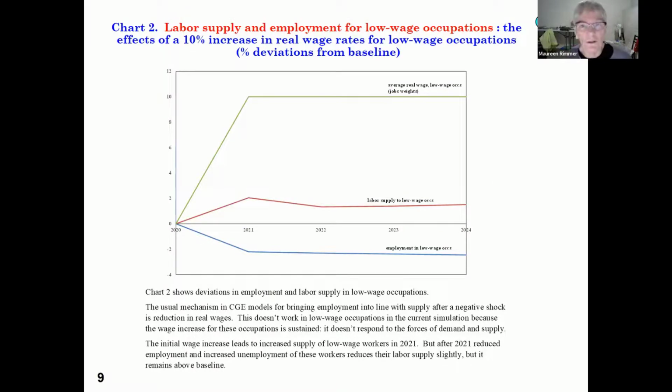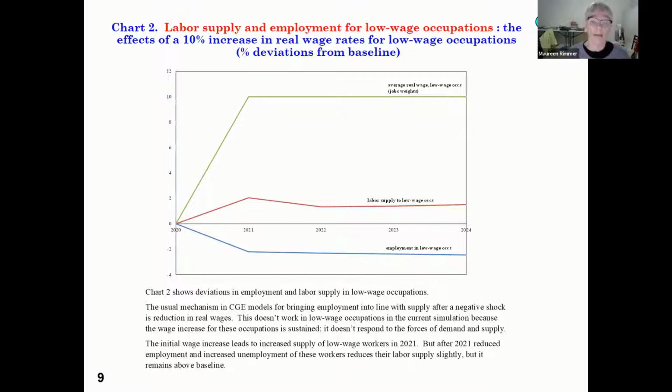What about the low wage occupations themselves? Here we show the labour supply and employment for the low wage occupations and the average real wage in job weights. See, the green line is the average real wage. It goes up 10%. That was the experiment. The first thing to notice is, of course, that employment falls. You've made these workers more expensive, so employment goes down, but putting up the wage makes offers into this sort of employment attractive to suppliers. They are attracted by the higher wage and the supply goes up.